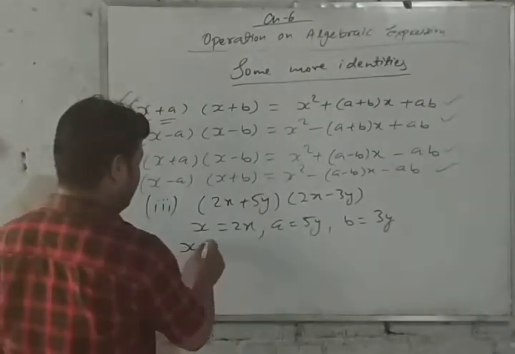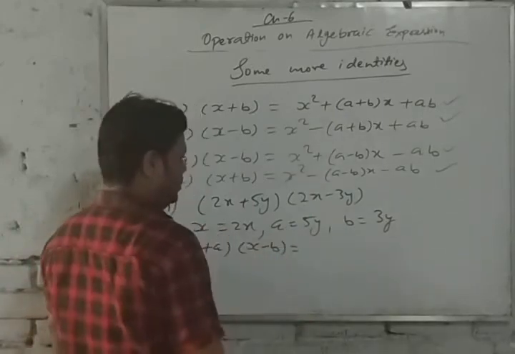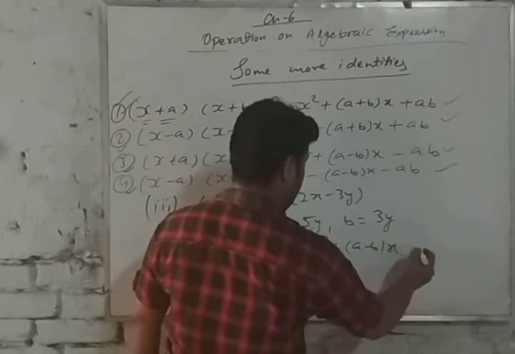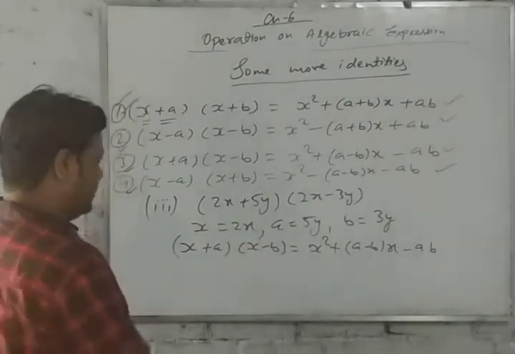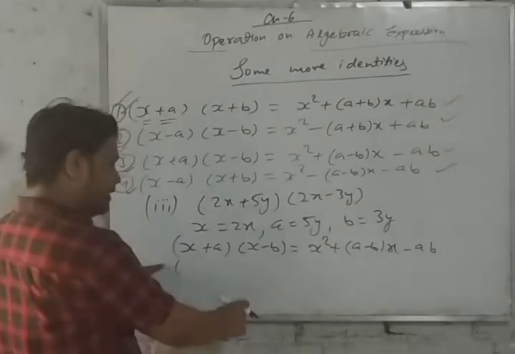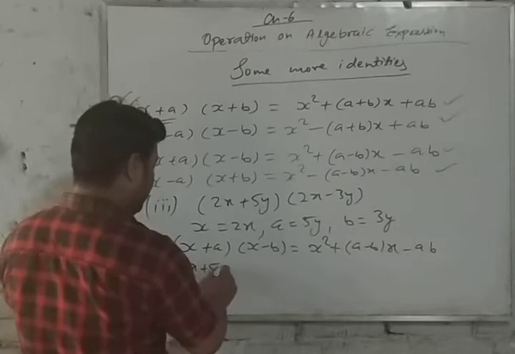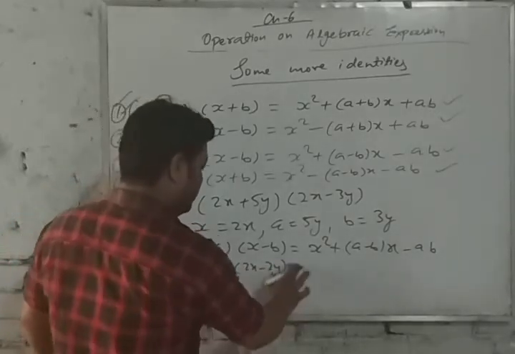So here we will write x plus a, x minus b is equal to x square plus a minus b into x minus a into b. Now put the values, first here, and like this you will write also. Okay, so 2x plus 5y and 2x minus 3y. Now put the value.